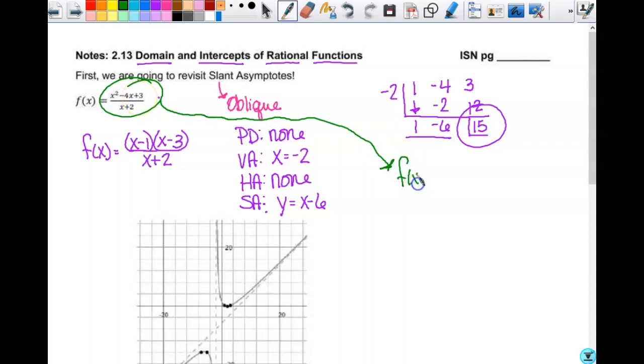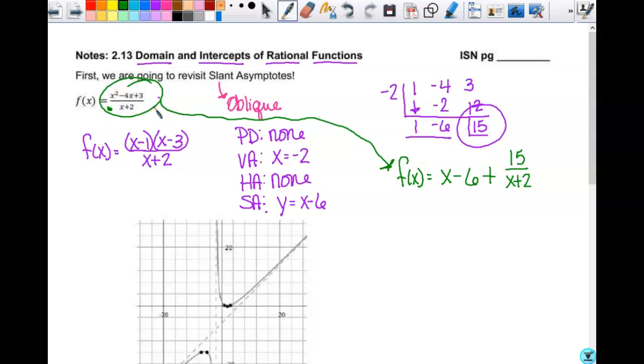So f of x is equal to x minus 6 plus the remainder, which is 15 over x plus 2. I want you to think about that for just a second. When I have this part plus the remainder, that's actually the exact same function as this. It's just in a different form, because I divided it out, and I include the remainder.